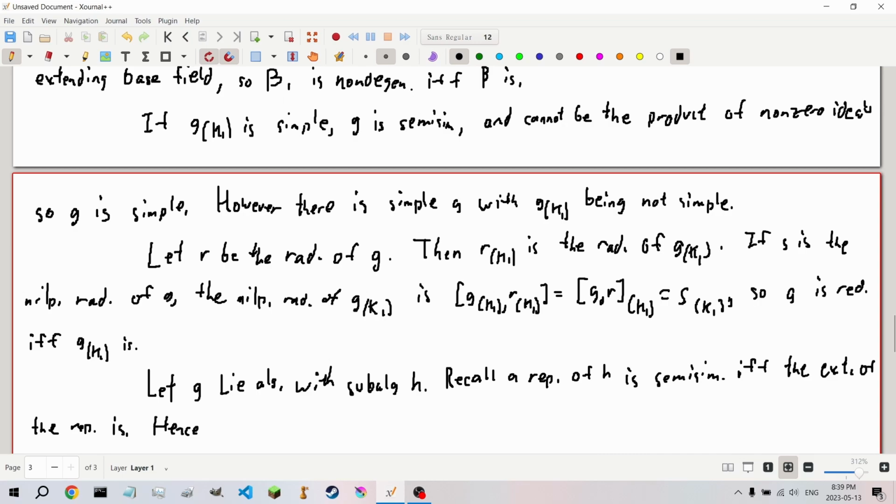Hence, H is reductive in G if and only if the extension of H is reductive in the extension of G.